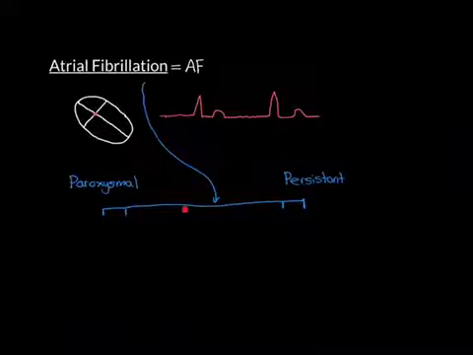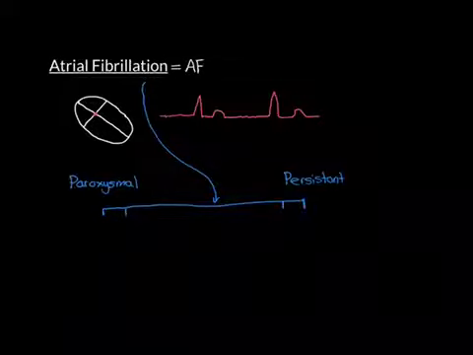And then there is this huge bit in between, where the person may be in atrial fibrillation for many, many weeks maybe, but then they might come out of it for a few weeks and then go into it again. So they are neither paroxysmal nor persistent atrial fibrillation. They have episodes of atrial fibrillation and episodes of sinus rhythm, and they go in and out of it.